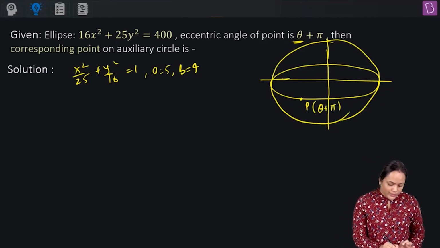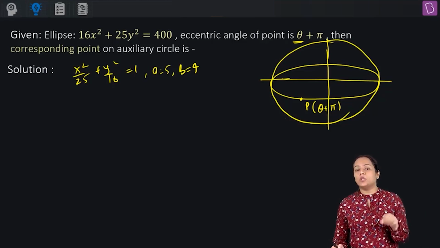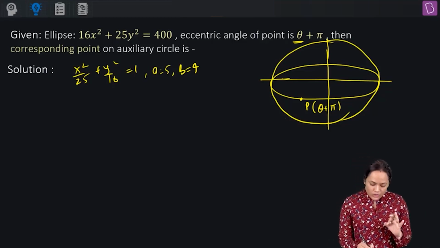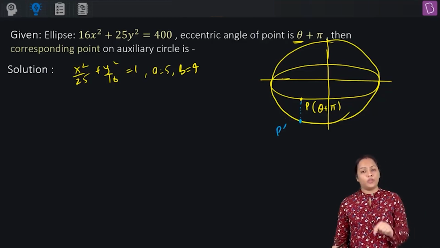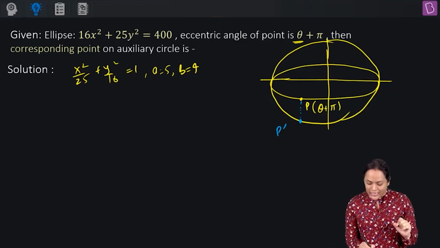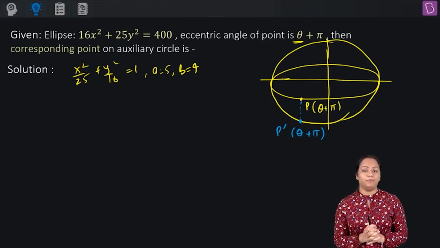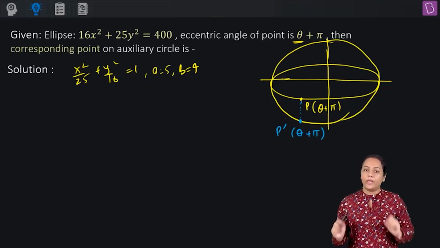Now, you know this very well that the corresponding point on the auxiliary circle will lie just below this point P. Let us say this is my P dash, which I have to find out. And you also know one more thing, that for P dash, my parametric angle for the circle will be nothing but the same, that is theta plus pi. This much you know very well.